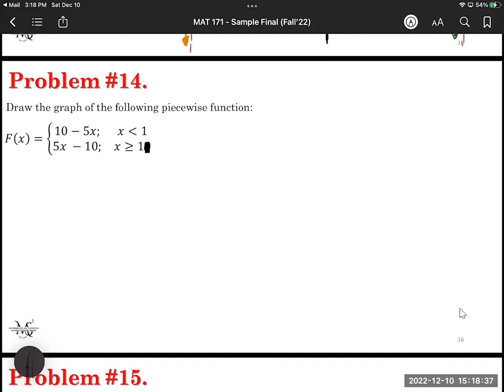All right, so if I want to draw this graph, what I need to do is first figure out the value of x where my domain changes. Right, so your domain or your rule changes at what value of x?